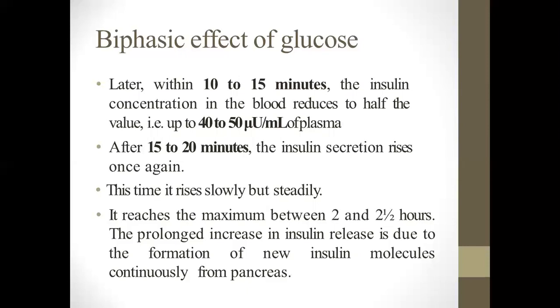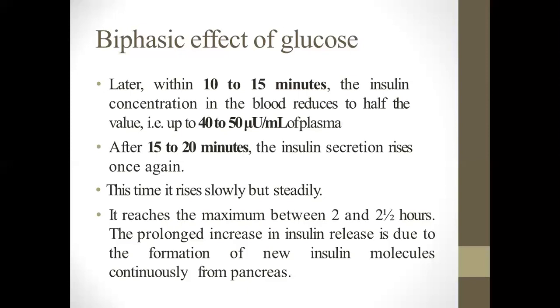Then after 10 to 15 minutes, the insulin concentration in the blood is reduced, to 40 to 50 microunit per ml. So the basal rate was 10 microunit per ml, then there is an increase to 100 microunit per ml, then there is a decrease to 40 to 50 microunit per ml. Then after 15 to 20 minutes, the insulin secretion arises once again, and it will reach a peak at about 2.5 hours.